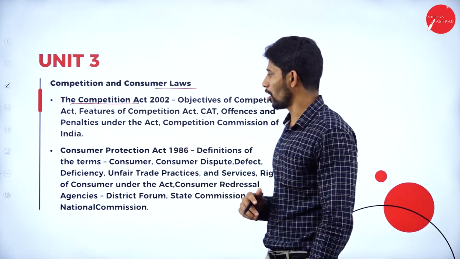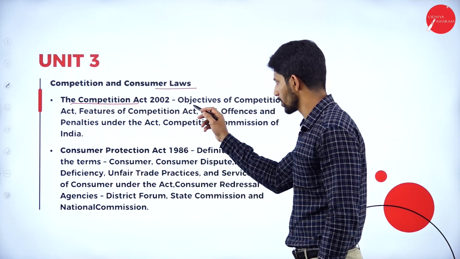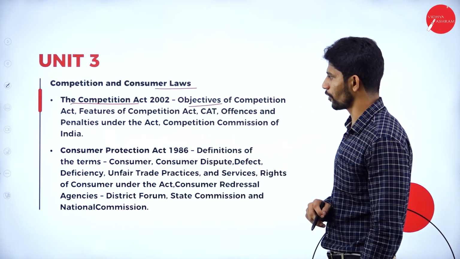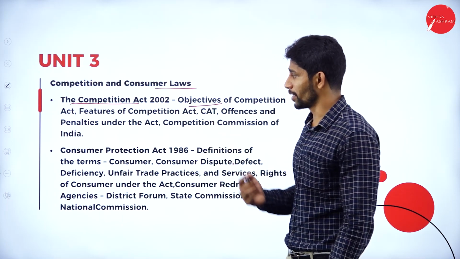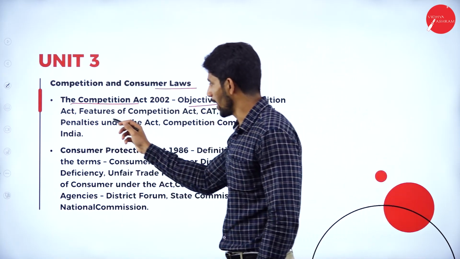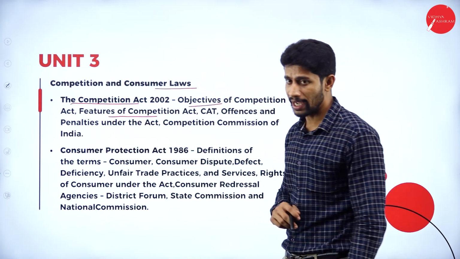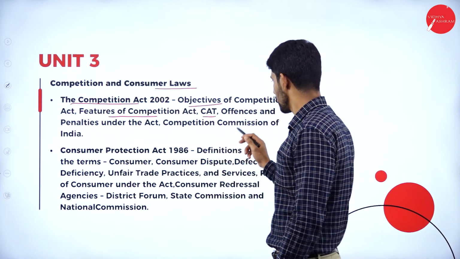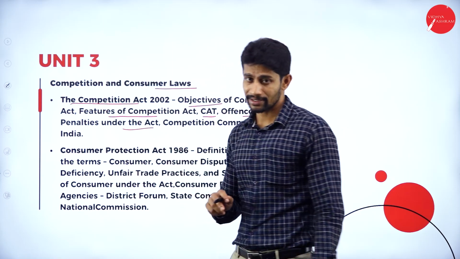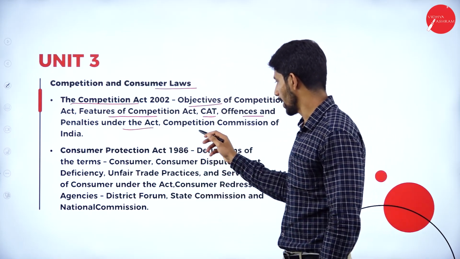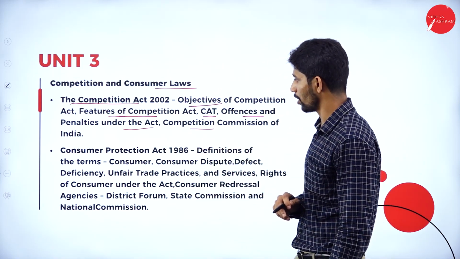In the Competition Act 2002, you are going to study the objectives of the Competition Act. What are the objectives and why this Competition Act came into existence, and the features of the Competition Act and CAT, offences and penalties under the Competition Act, and the Competition Commission of India.